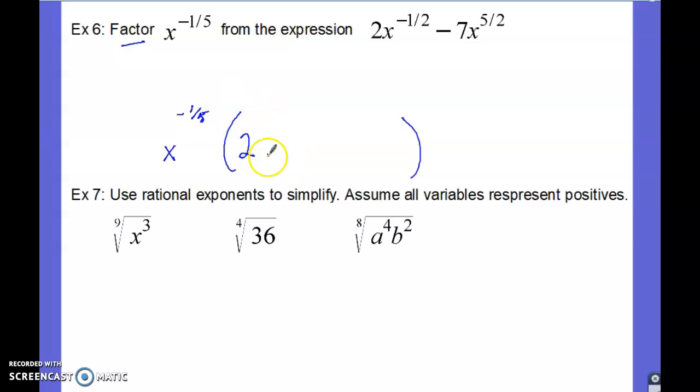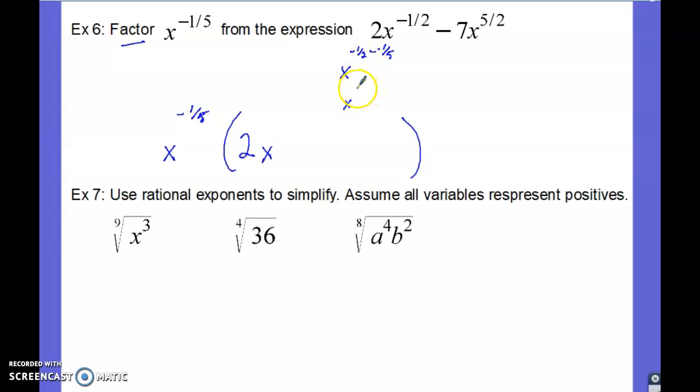You can ask yourself what number plus negative 1/5 will give you negative 1/2. Probably a better way of doing it, though, is to take that negative 1/2, because we're factoring out, we're dividing. Basically, we subtract off negative 1/5, and that's what goes in here. So we probably want to get the same denominator.